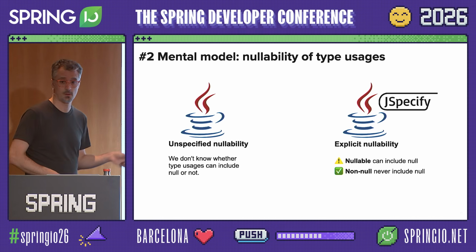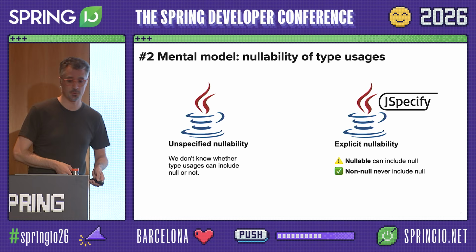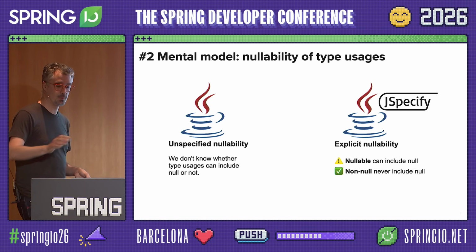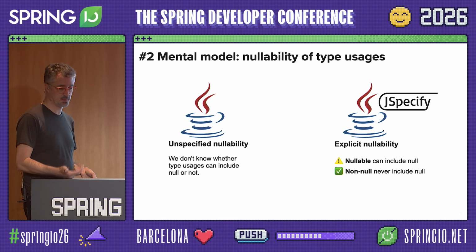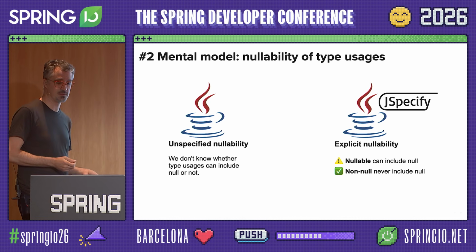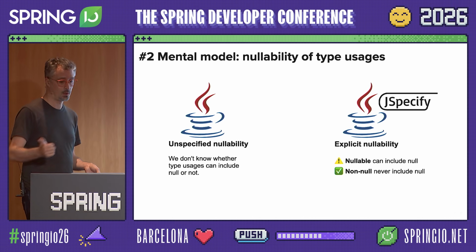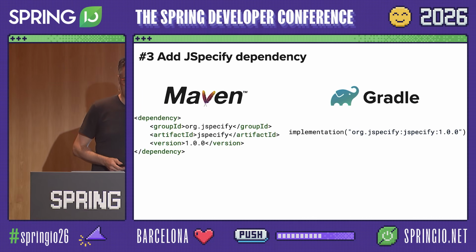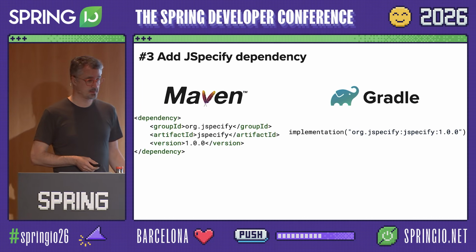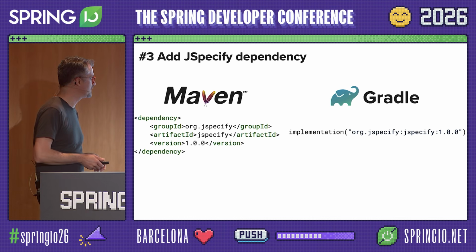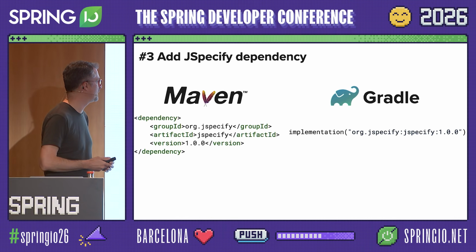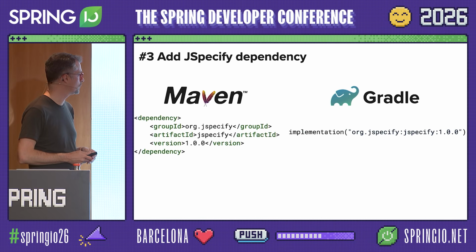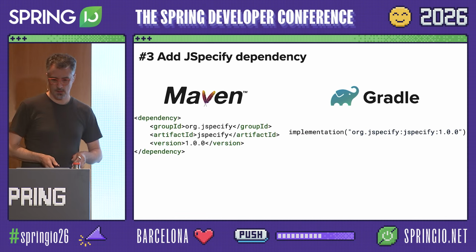You have to read the Javadoc or the implementation. With Java plus JSpecify, you are switching to a mode where the nullability is explicit, and a type usage is either nullable, can include null, or non-null, never includes null. Then you need to add the JSpecify dependency. There is a canonical dependency: group ID org.jspecify, artifact ID jspecify, version 1.0.0. Super simple.